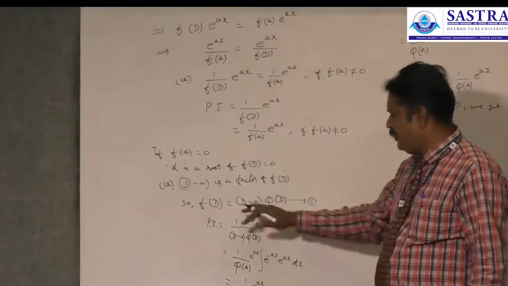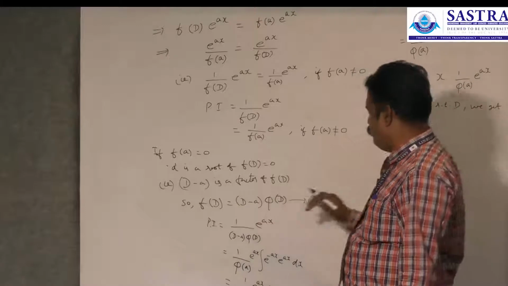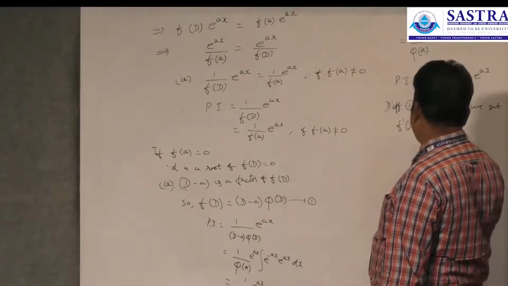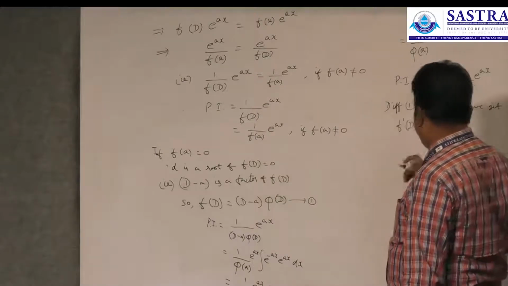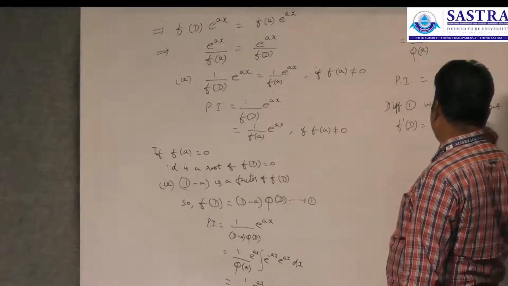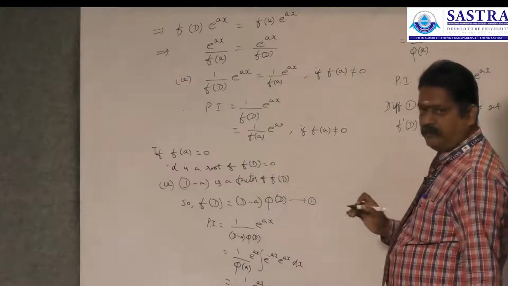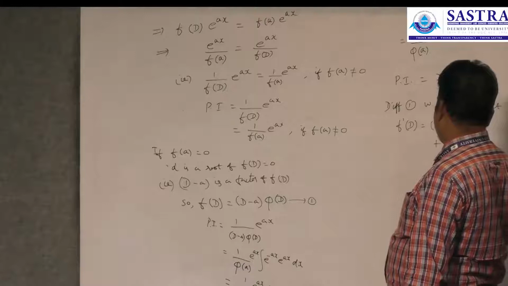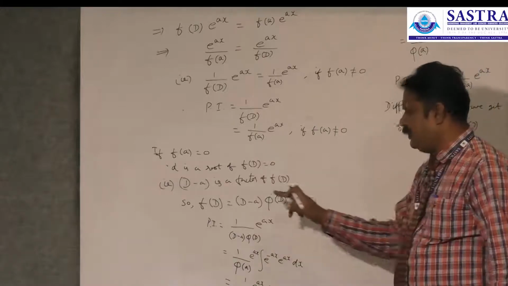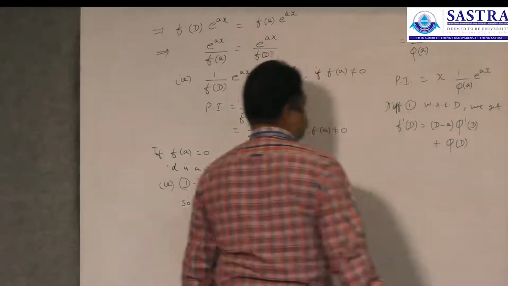Right hand side d minus a into phi of d. Keep d minus a as it is, differentiate phi of d, we get phi dash of d. Plus keep phi of d as it is, differentiate d minus a, we get 1.